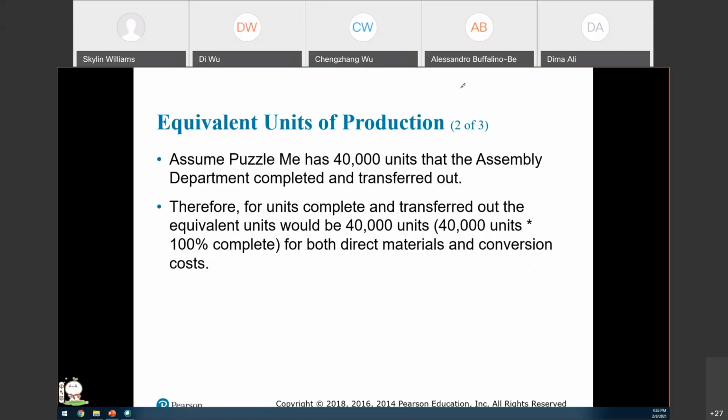Well, that's straightforward because these units in the first department are completed and transferred out. It's like the fully filled buckets because it's fully completed. So these 40,000 units are considered 40,000 units for both direct materials and conversion costs.